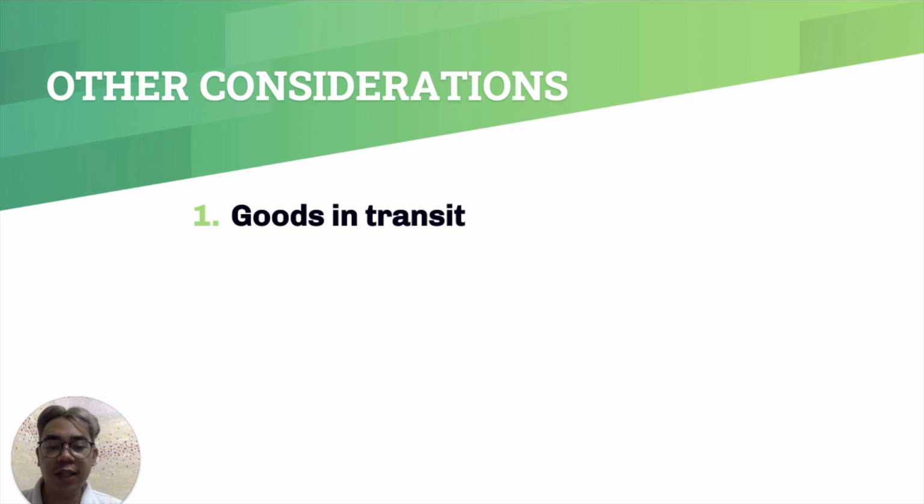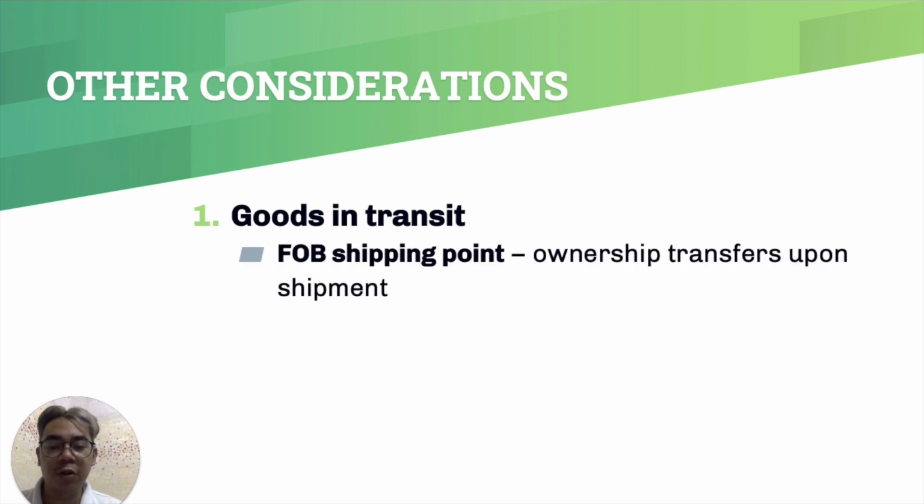So as to goods in transit, we have two terms. Meron tayong FOB shipping point. Pag FOB shipping point, that means from the seller to the buyer, the ownership already transfers upon shipment. Ibig sabihin, kapag in transit yung goods, tapos FOB shipping point, ang may-ari during transit is already the buyer. Kasi the ownership was already transferred nung shipment pa lang.